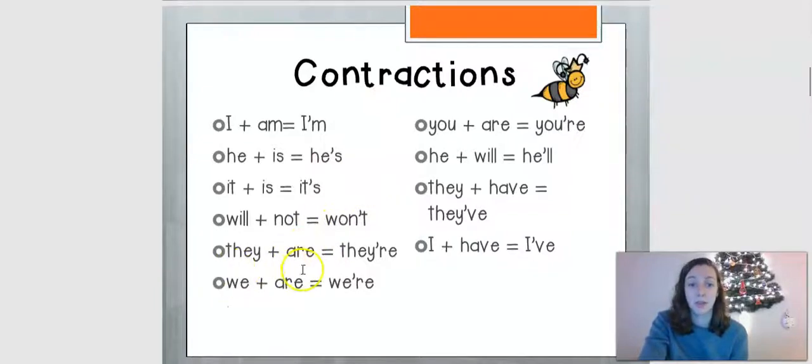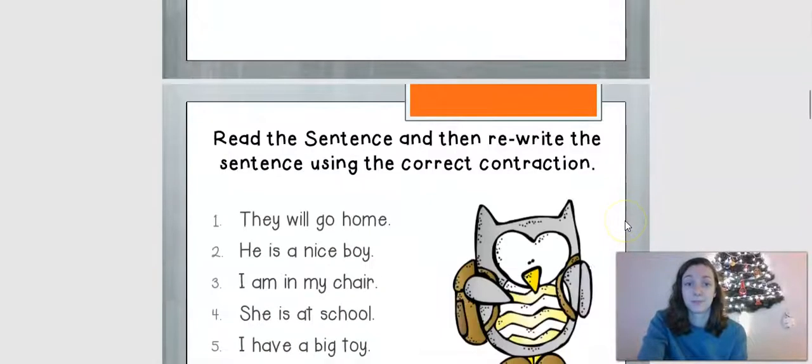Anytime you have are, like they are, we are, you are, you drop that A. With will, you drop the W and the I, with the exception of will not, because that one does change to become won't. This is the only one on this list here that the first word does change the spelling and there's still letters dropped in the second word. So anytime you combine with not, you drop the O like that. And have, you drop the H and the A, excuse me. So there's always a piece that's dropped and smushed together.